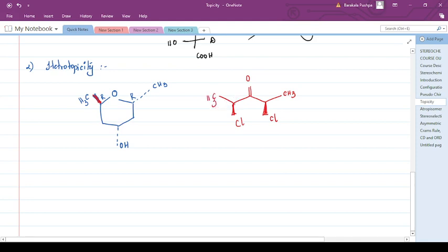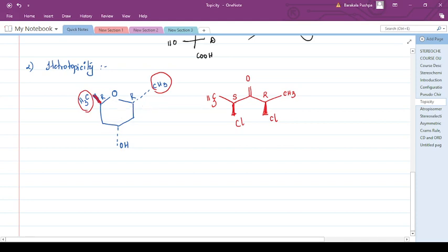Though both chloride atoms are above the plane of the molecule, one is S configuration and another one is R configuration. Groups are identical, constitutionally similar, but they are not configurationally identical.